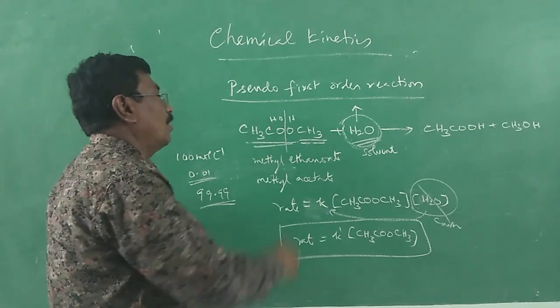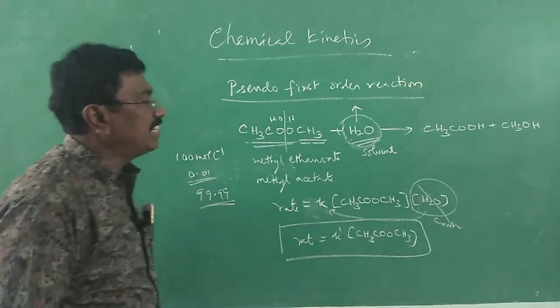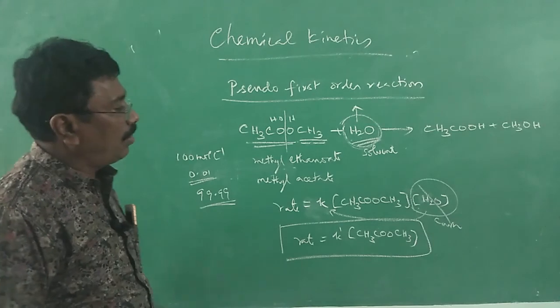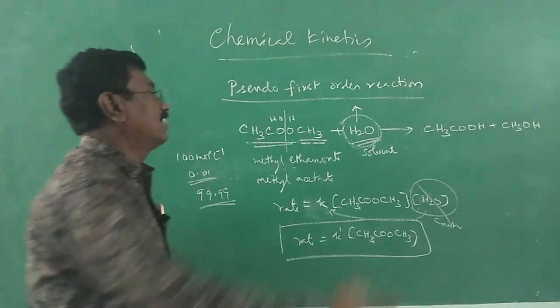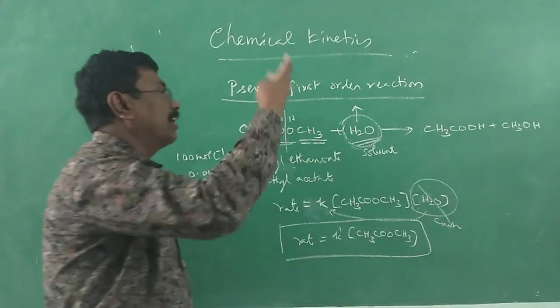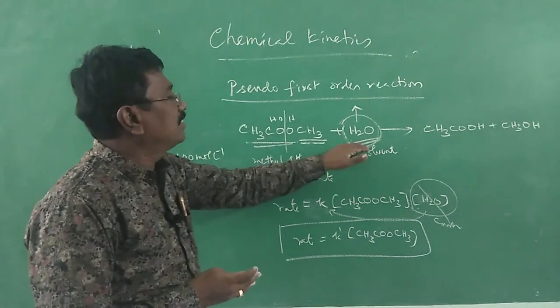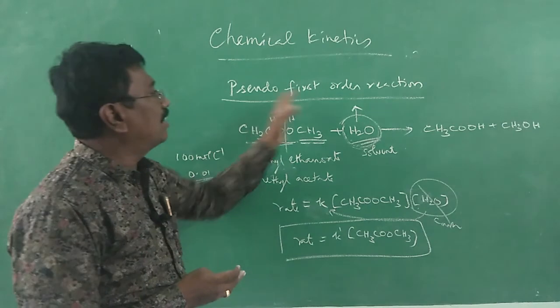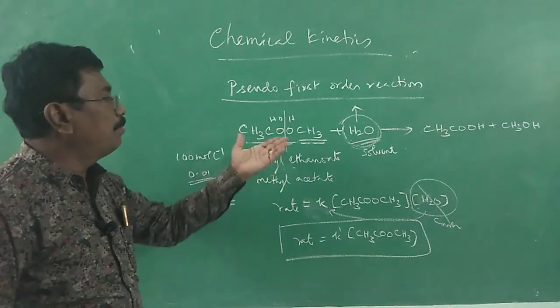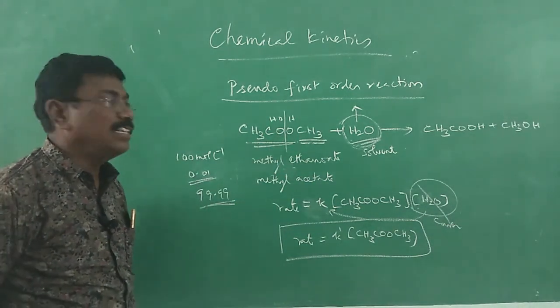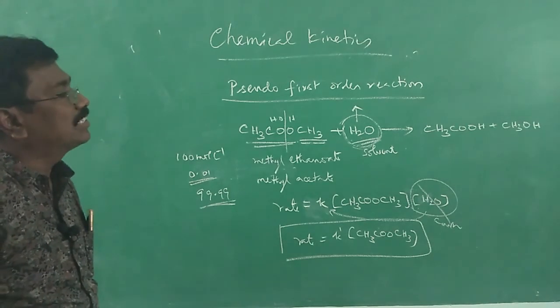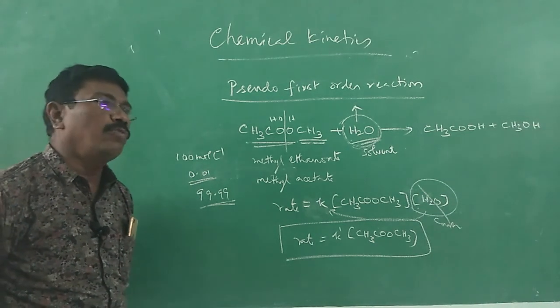The order of the reaction now becomes 1. Such a reaction of higher order following lower order, with one of the reactant concentrations becoming higher, is known as a pseudo order reaction. If a second order reaction is converted to first order, we call it pseudo first order. Example: hydrolysis of methyl acetate in the presence of acid is an example of a pseudo first order reaction.